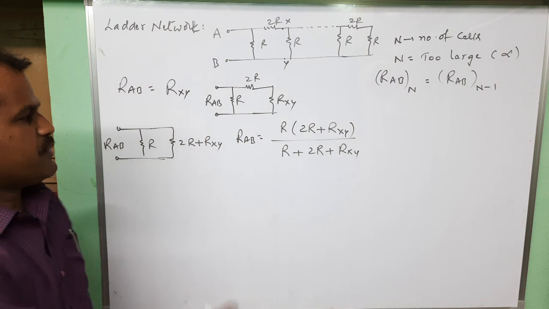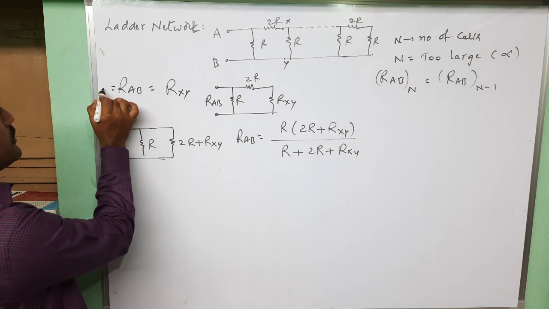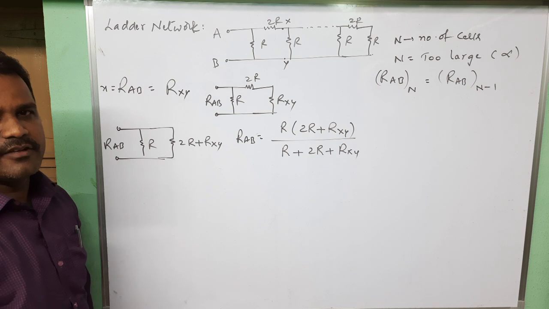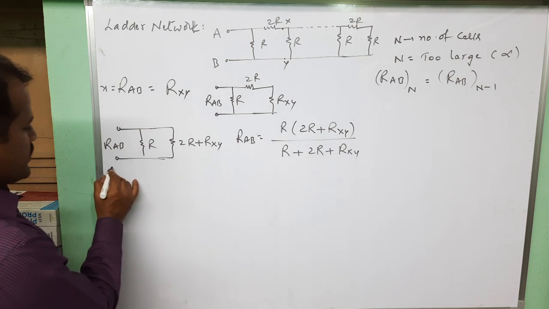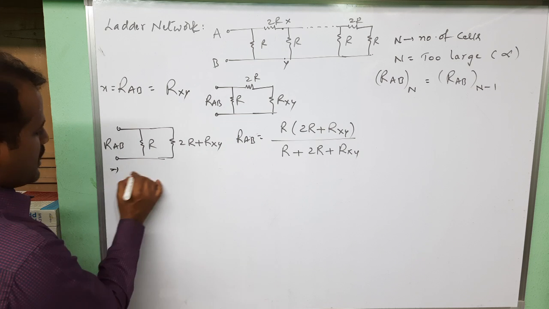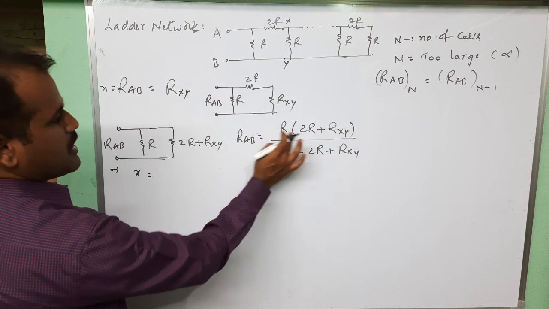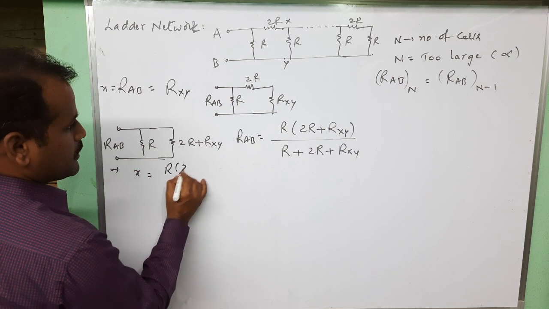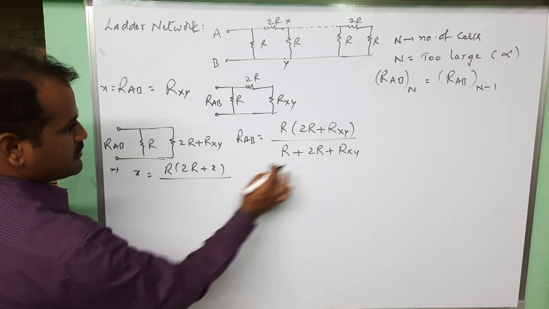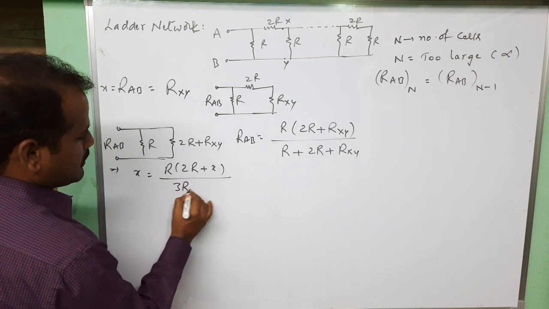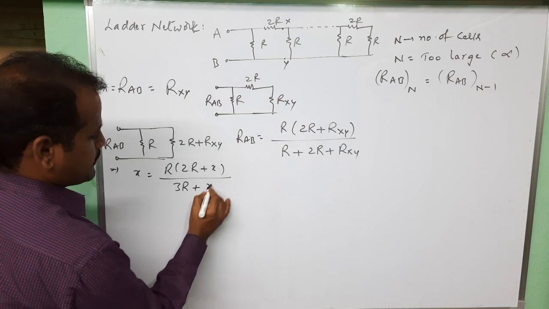For simplification, let us assume small x for RAB and RXY. Then we can write the equation as x is equal to R into (2R plus x) divided by (3R plus x).